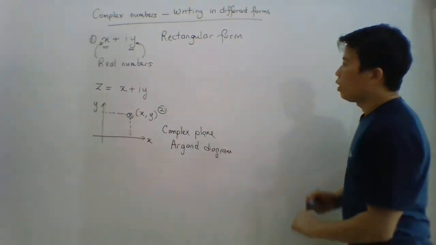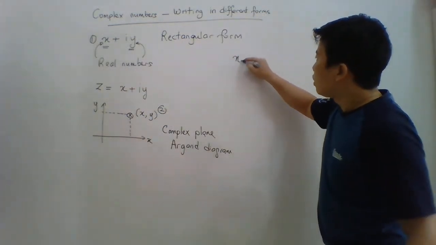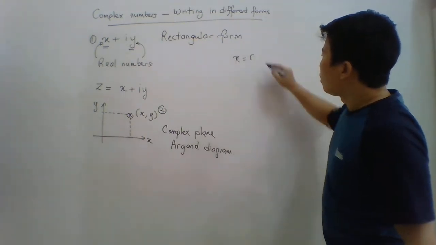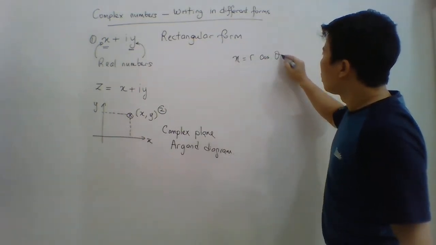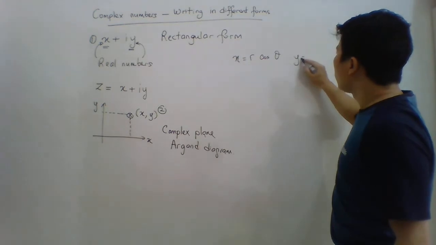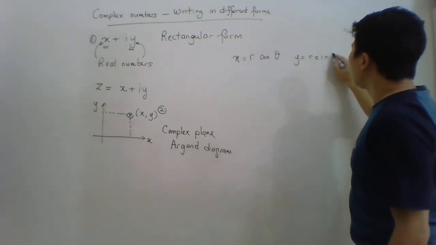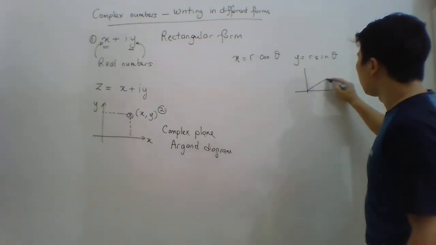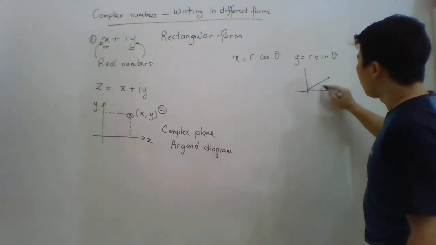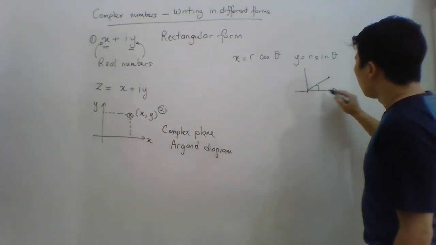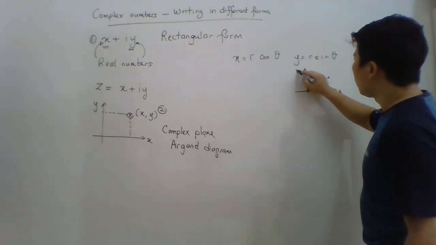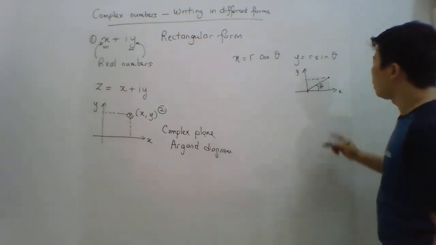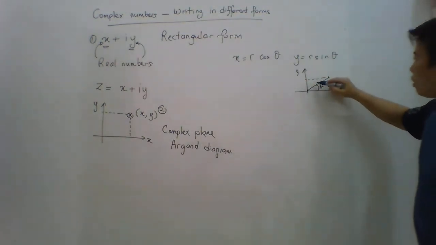That is, if you take x equals r cos theta and y equals r sin theta, and this is basically like this. So here you have this is your theta, you have x equals r cos theta, and y you have r sin theta.